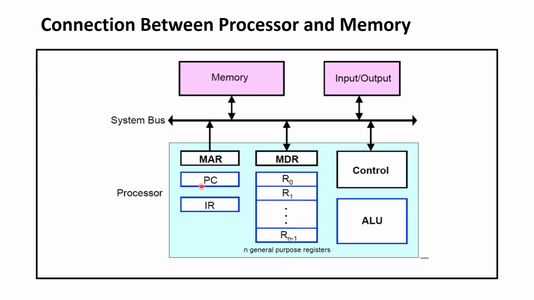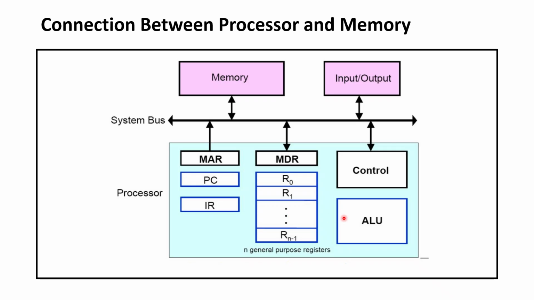The PC, or program counter, keeps track of the next instruction to execute. The IR, instruction register, stores the current instruction being processed. The MDR, or memory data register, temporarily holds the data being transferred to or from the memory.